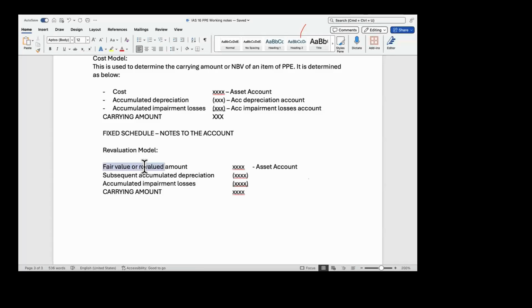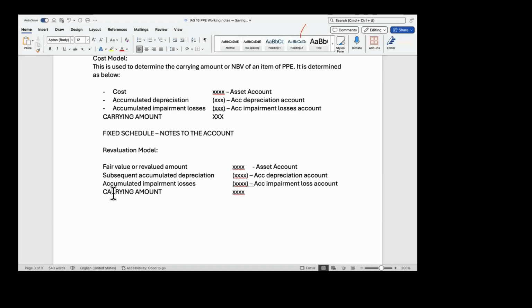Then you have a situation of fair value or revalued amount, minus subsequent accumulated depreciation, which you will also find in your accumulated depreciation account. You will see that it's different from this one that was just accumulated depreciation. This one is subsequent accumulated depreciation. When I get to revaluation very soon today, I will explain that critically. And of course, accumulated impairment loss, which is found in an accumulated impairment loss account.